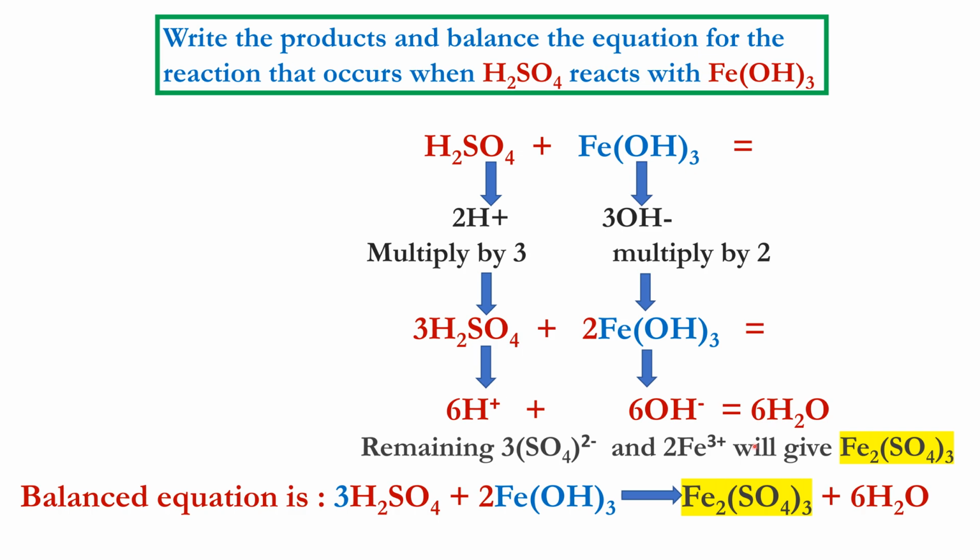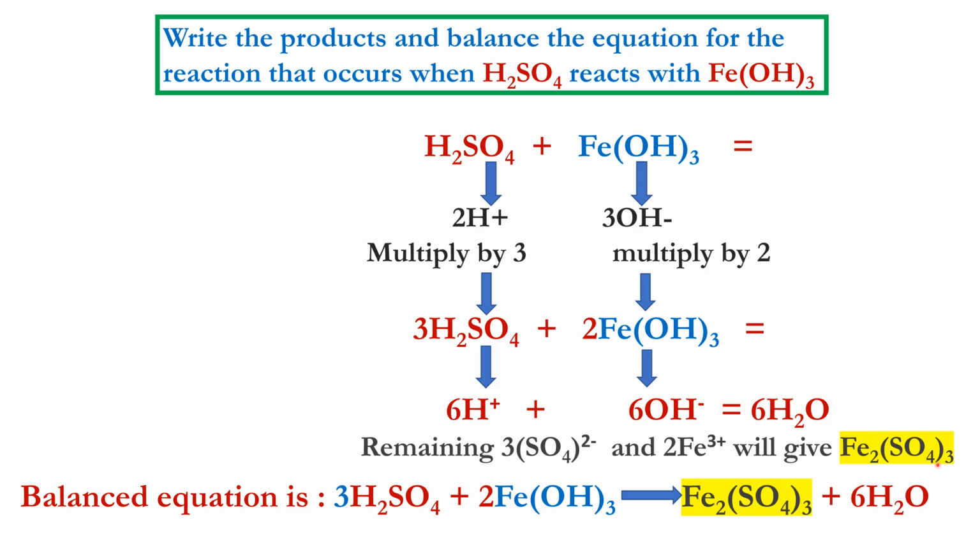The remaining elements are 3SO4, because we have already taken care of the H plus ions, and 2 iron ions. If we combine 3SO4 and 2 iron, we get iron 3 sulfate, so iron 3 sulfate is our second product.